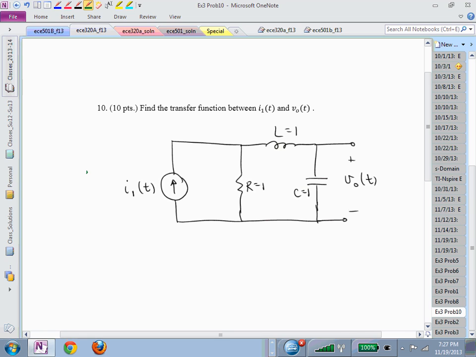You could have another node voltage here if you wanted, and this voltage. Or you could just do this node voltage and say, oh, I'm going to have this as a complete impedance, and then solve for this current coming here and scale it by that capacitor impedance to get V0. So you just have one unknown voltage to solve for.